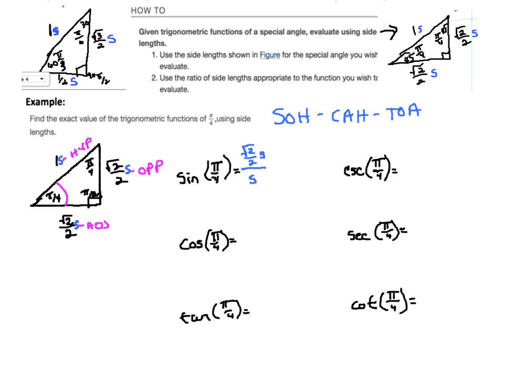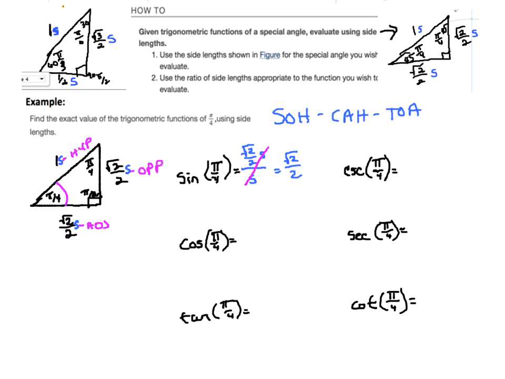Here, because those s's are just multipliers to move you into different sized triangles that are still 45, 45, 90, notice these divide out because I'm working with just a general unit circle-based triangle here. So that leaves me with the square root of 2 over 2.